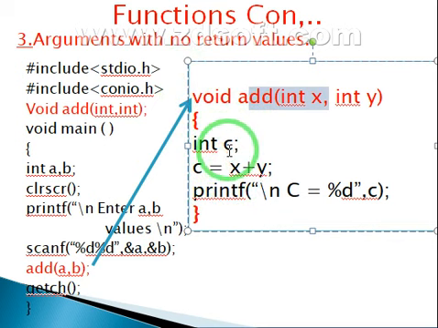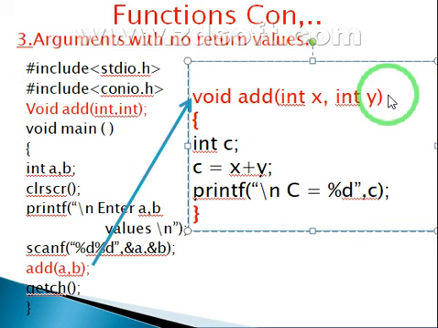So that's why we do not give the semicolon here, otherwise you will get an error. Listen: function declaration should end with a semicolon, function call should end with a semicolon, but function definition should not end with a semicolon.